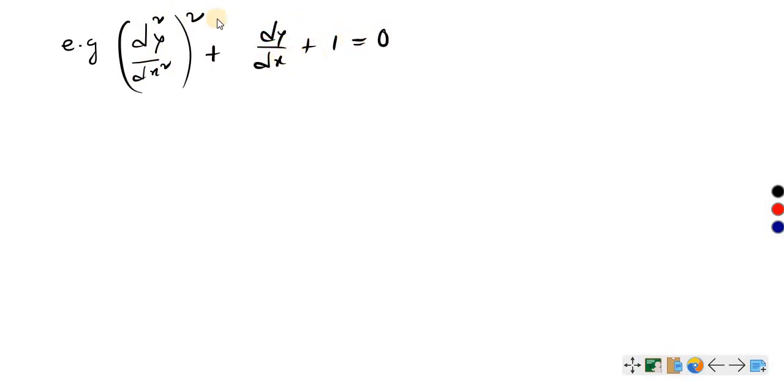So what is the order here? The order of the highest derivative. This is the highest derivative, its order is 2. And what is the degree here? This is the highest derivative, its exponent is 2. So it is 2.